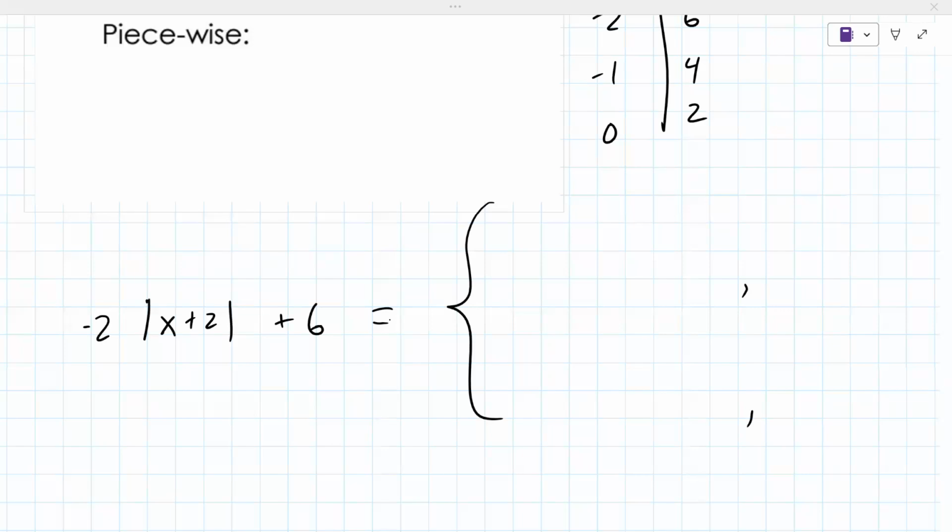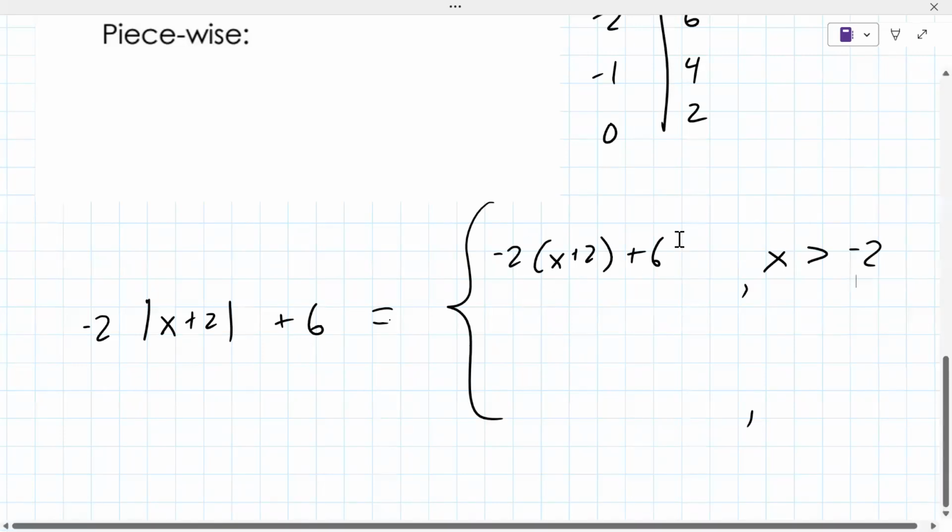The first one would be -2 times x plus 2 plus 6, without the absolute value. Oh yeah, the parentheses. That's important because if you put the absolute value in, you're going to get marked off. So maybe make a note there that the piecewise has no absolute value.